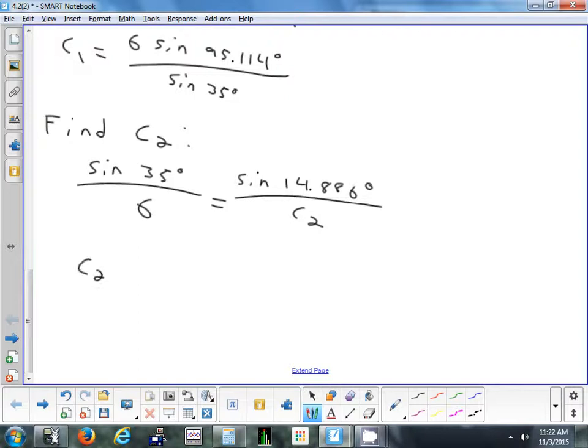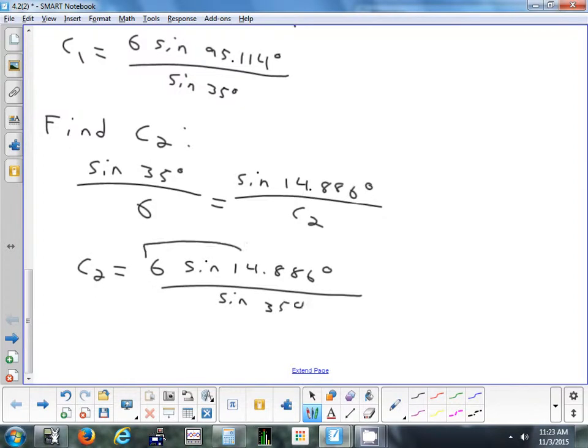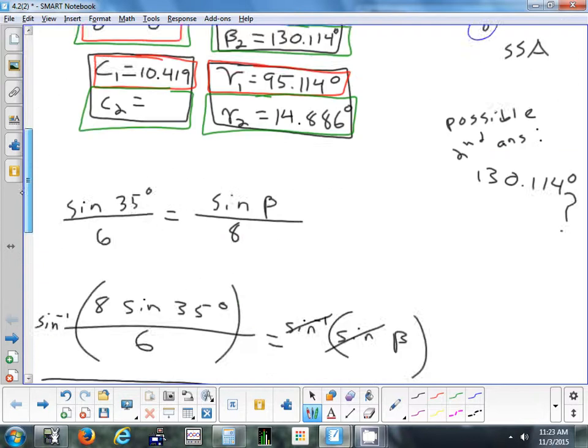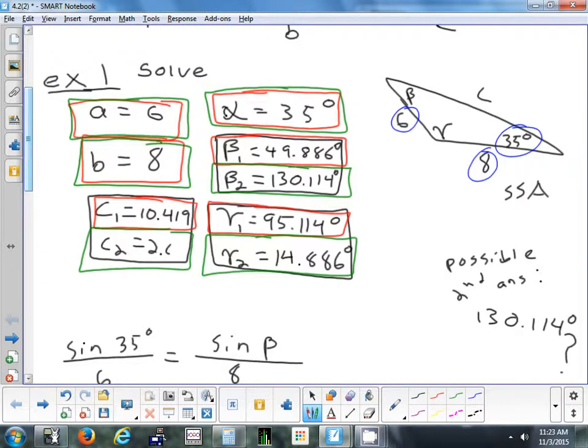So C2 is 6 sine 14.886 over sine 35. And Chris, do you also have the decimal for that? 2.687. Yeah, and that's as bad as they can get. It's the worst kind of problem you can have in terms of how long it takes. Any questions on that?